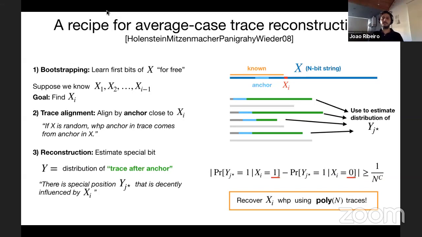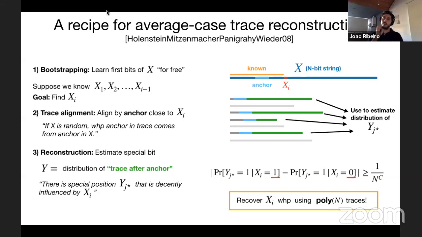But for example, you could hope that this would work for, say, xi minus 1, right? Turns out it doesn't, because xi minus 1 could be very influenced by bits that come after xi. So you need to go a bit to the left. And if you're careful about this, it works. By the way, isn't this true for any xi?